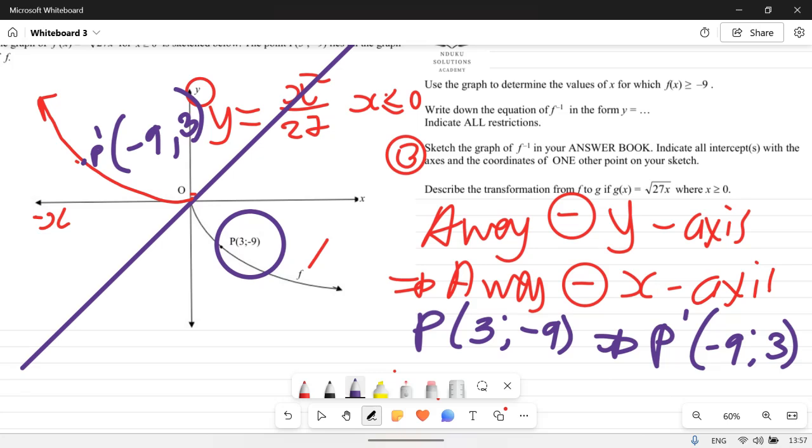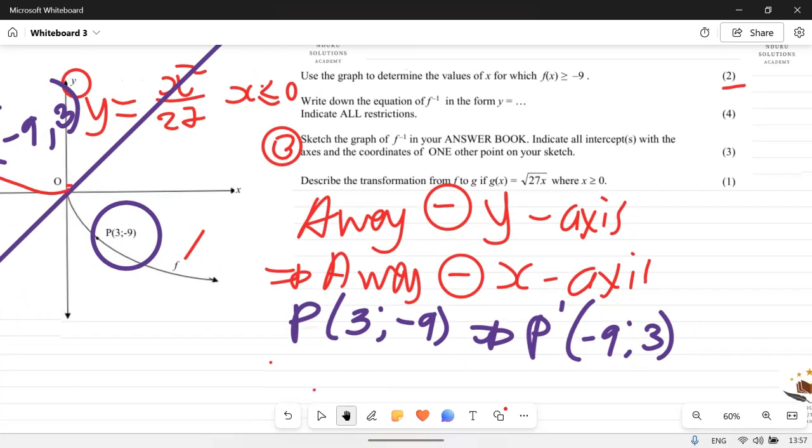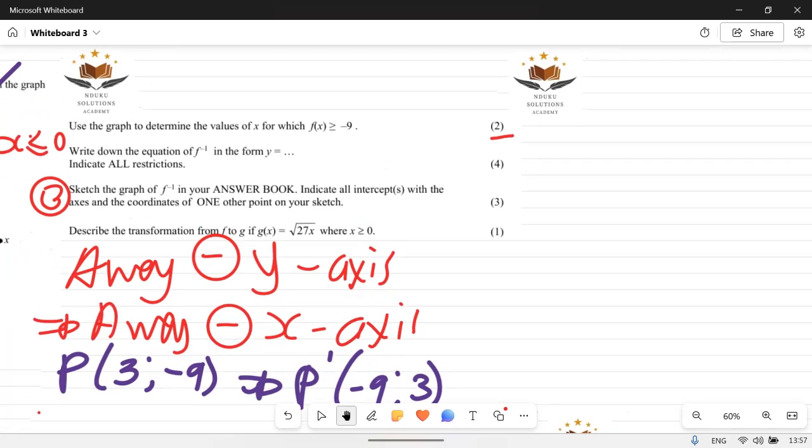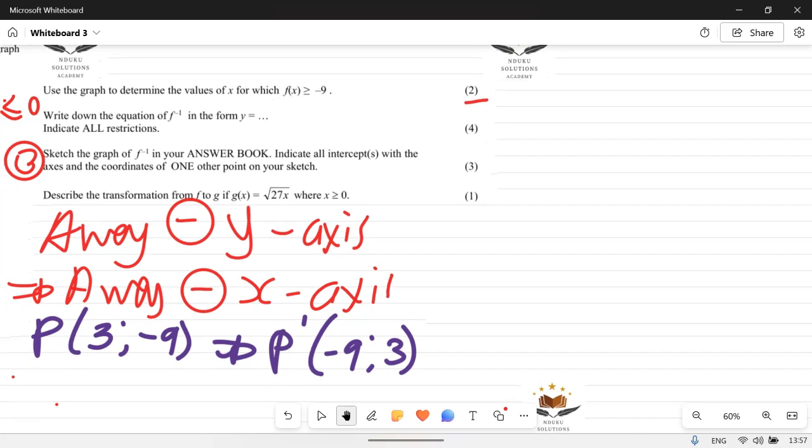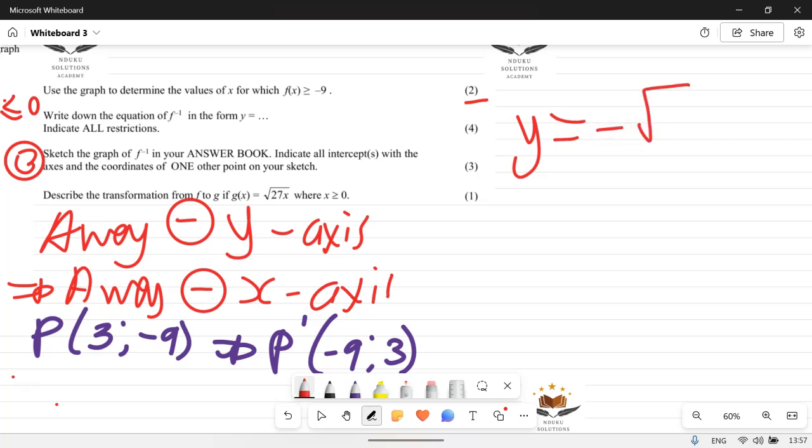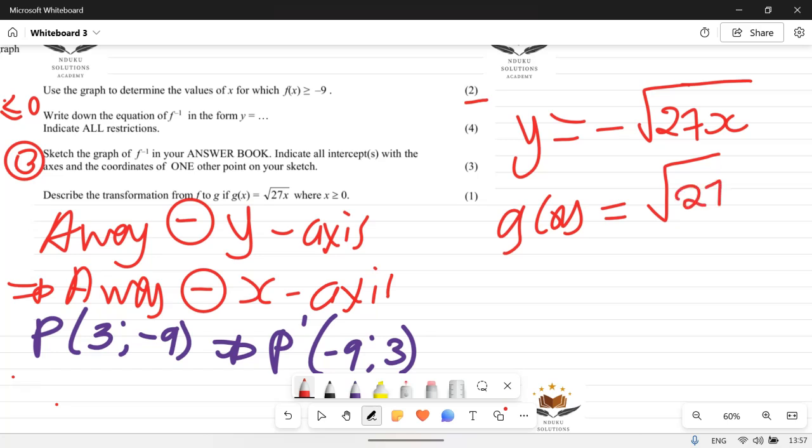So f of x, the graph of f, was y equals negative square root of 27x, and your graph of g, let me just write g of x, is actually square root of 27x.